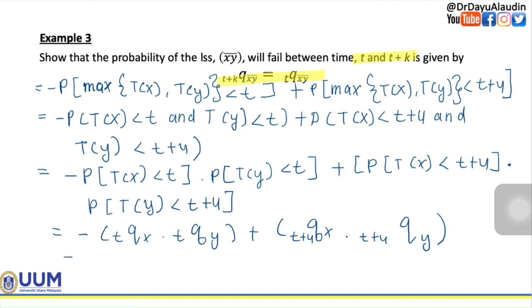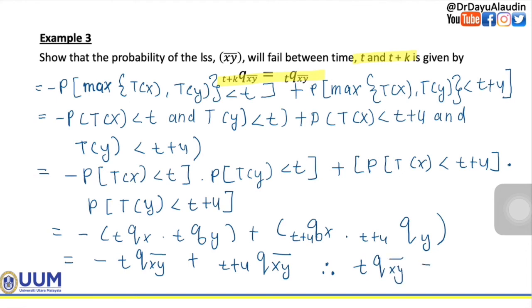So we simplify and then we get negative dqxy. Since it is LSS, we have to put the bar, plus d plus u qxy. Therefore, we can prove that dqxy is equal to d plus u kxy.